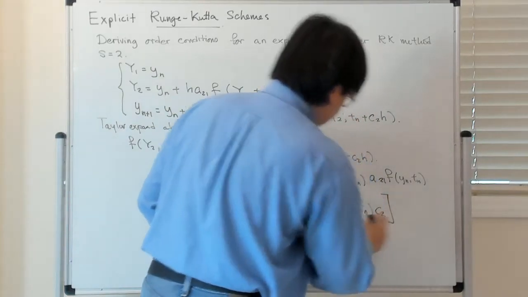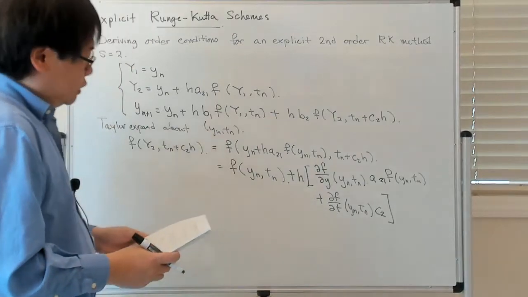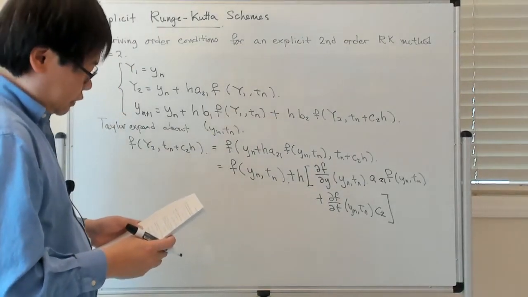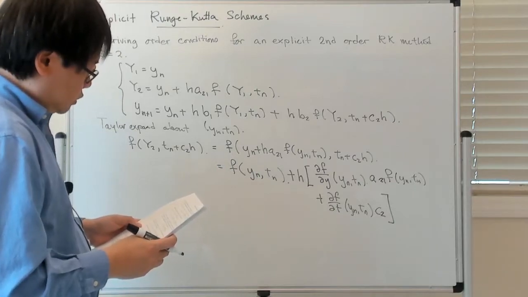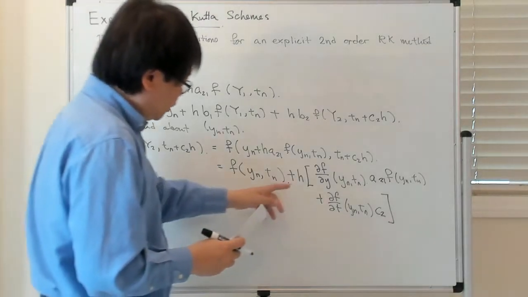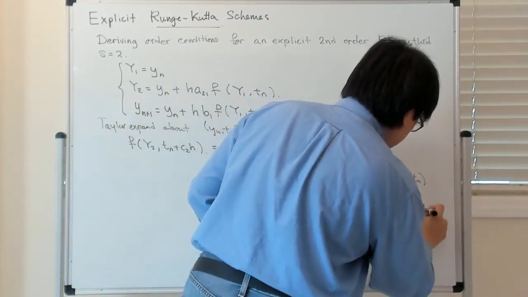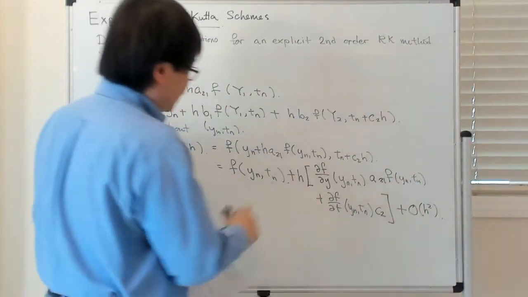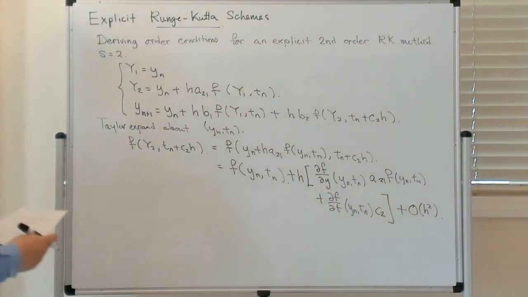All right, so that's the expansion to something which is of order h squared. So I've looked at the linear term, and so I can then have an error term of order h squared.